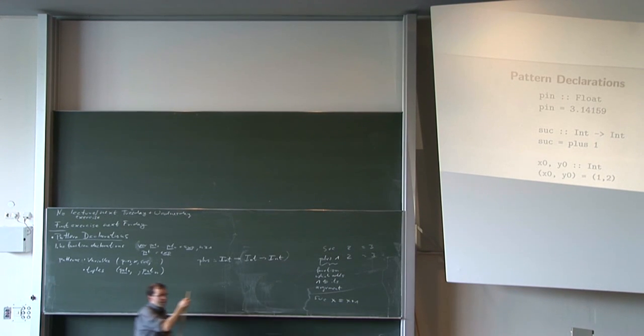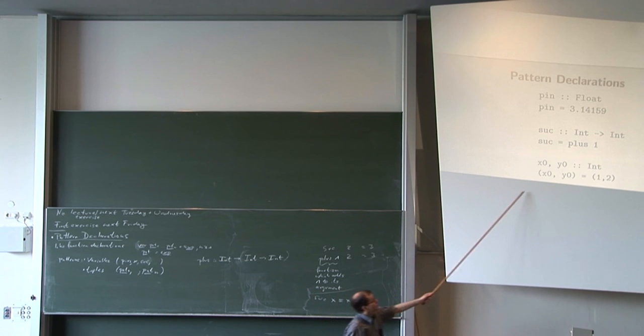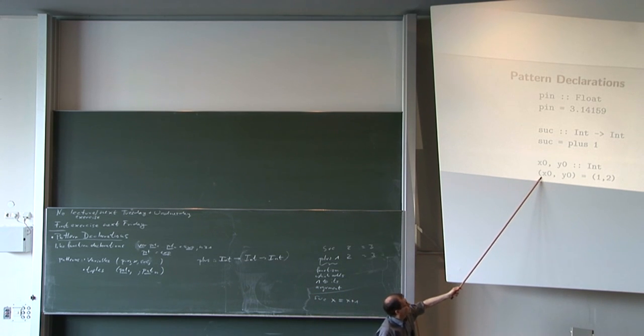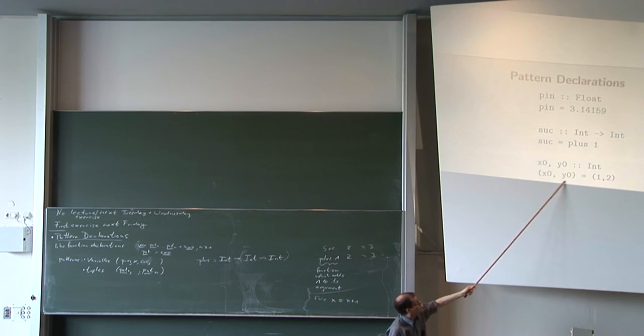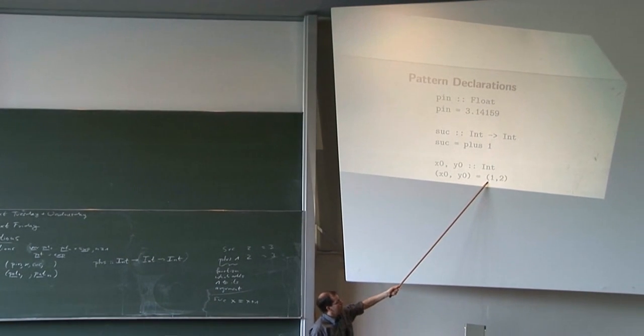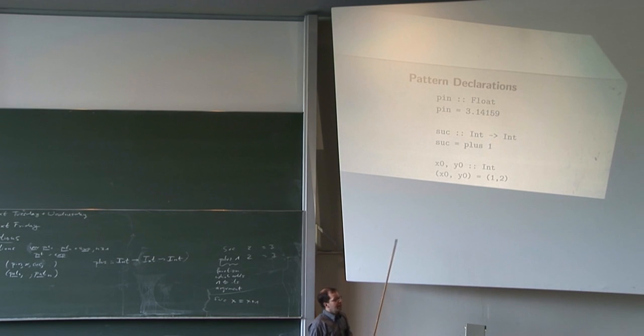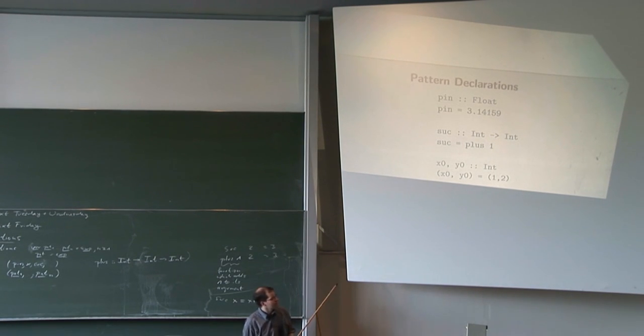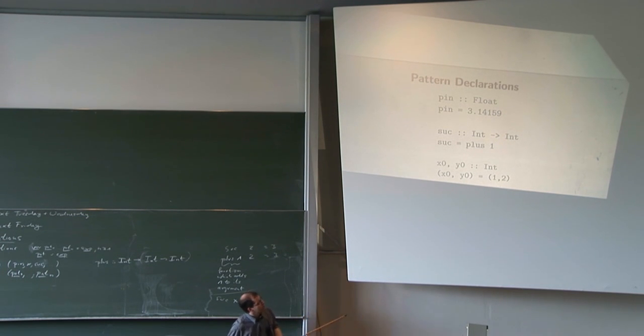And therefore you can write a declaration like this. Here we say, well, this pattern, the tuple of x0 and y0, should have the value tuple of 1 and 2. And the effect of this is, after this declaration, the value of x0 will be 1, and the value of y0 will be 2.